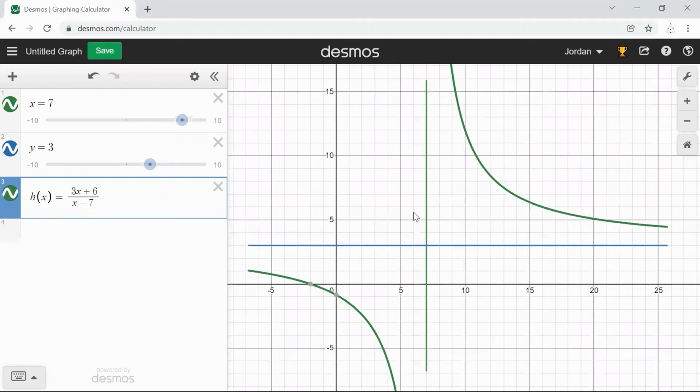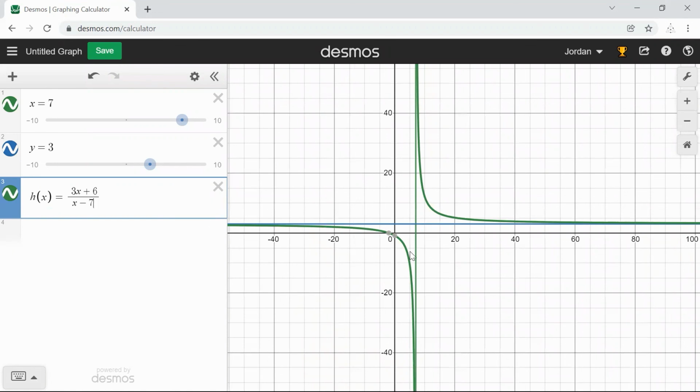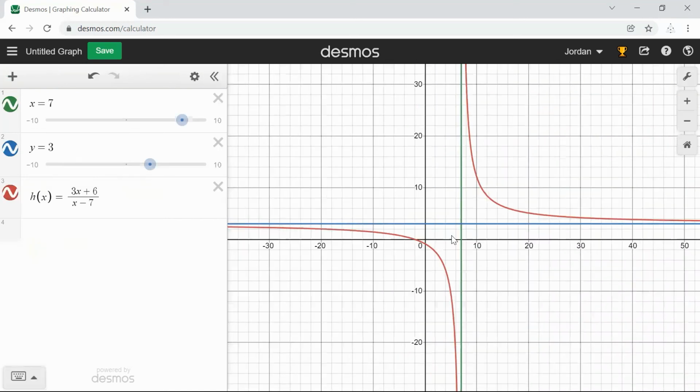So I should have had that. Let's highlight that in red. So the red is what I'm looking at. So I got the general concept right. Again, I was a little bit too close to the asymptotes too early this time. Last time I was a little bit too far away.